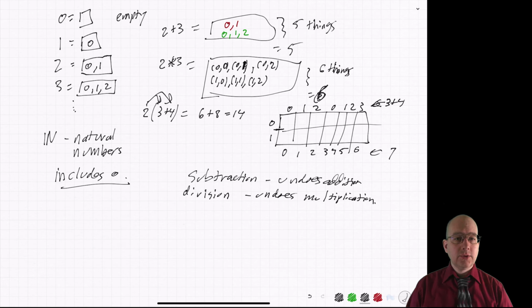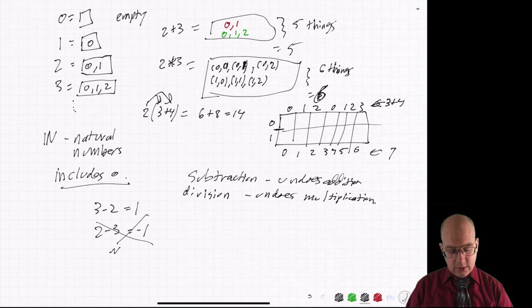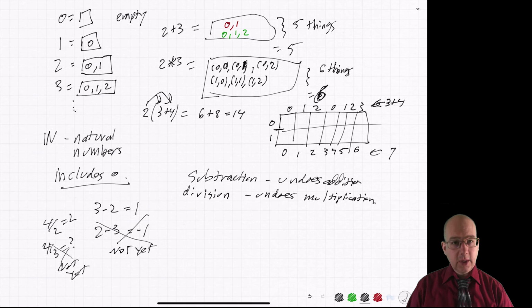So we can do something like 3 minus 2 is equal to 1, but 2 minus 3 equal to minus 1? Not yet. We don't have the notion of a negative number. Likewise, we can do 4 divided by 2 equals 2. That's fine. 4 divided by 3 equals not yet. There's no natural number you get from dividing 4 by 3.